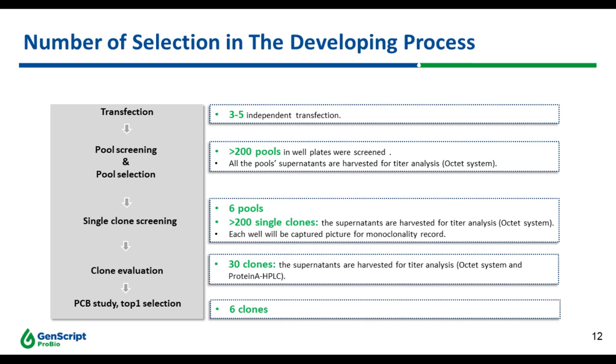Okay. And then from these 200 single clones, you select based on their expression titer the top 30 clones. Okay, and then you select the top 6 clones.